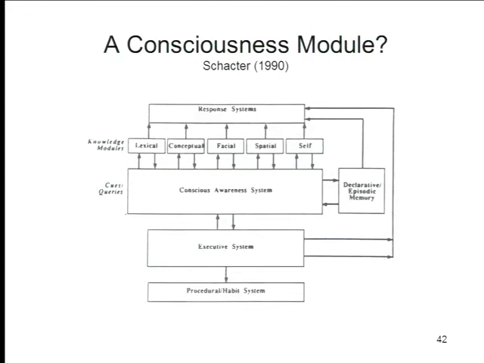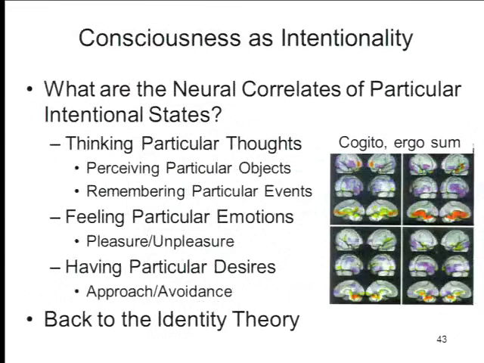Turning from brain damage to brain imaging, it might be possible to identify the neural correlates of particular intentional states. Remember, in the language that we're using now, intentional state means a conscious state that is about something. When I see you, I'm looking at a classroom, okay? There's an object out here that my neural state is about.